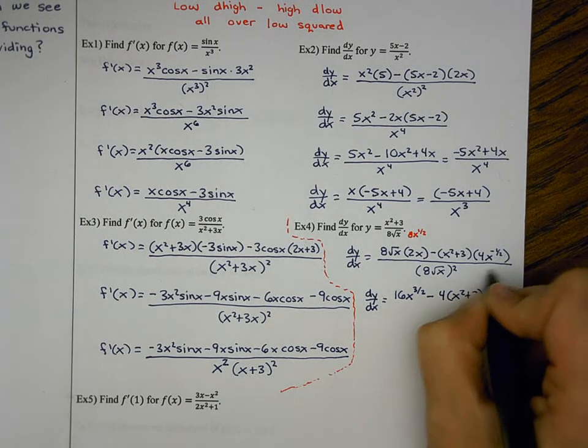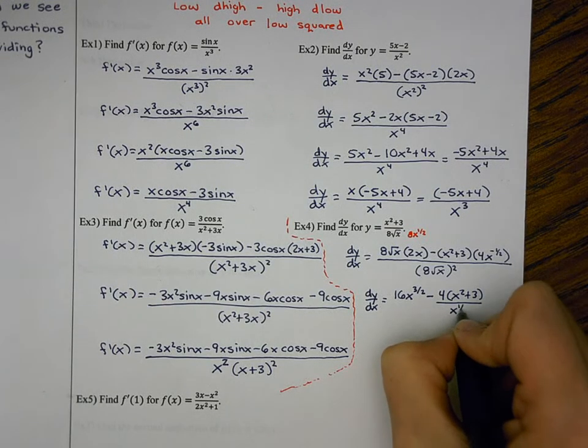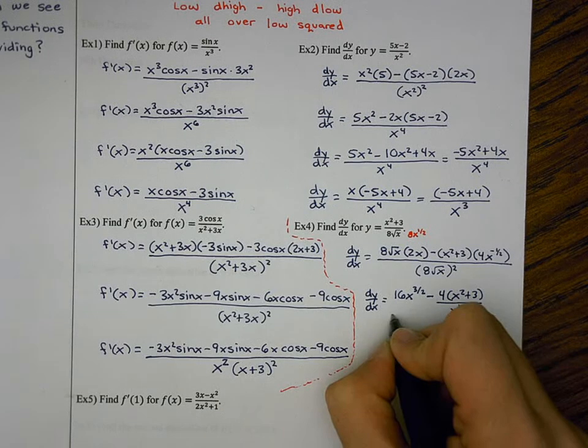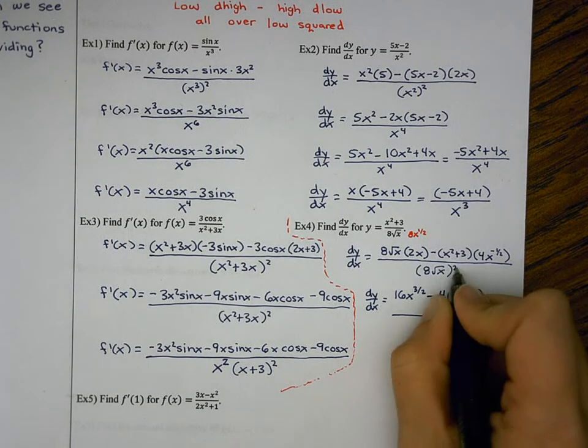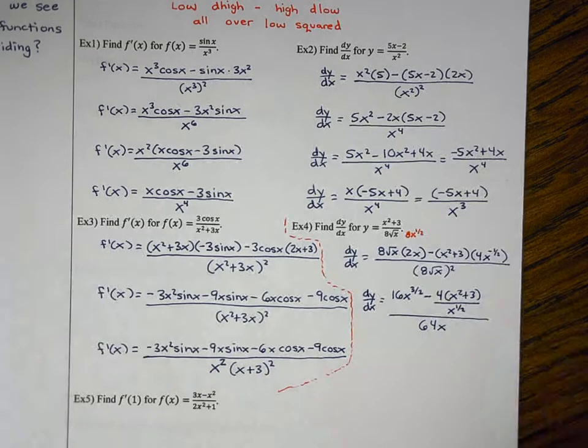And then x to the negative 1/2 would drop that x to the denominator of that term. All over, squaring this, 8 squared is 64, root x squared is x. So maybe something like that, where all they've done is just kind of cleaned up the function with how it's written, right? Not really done anything else.